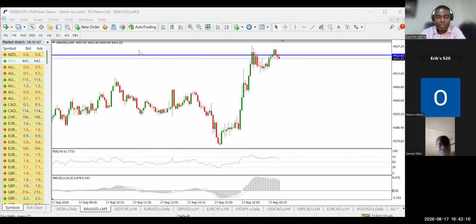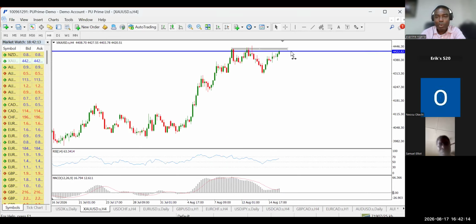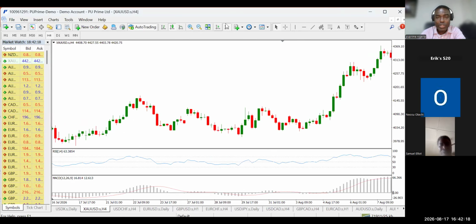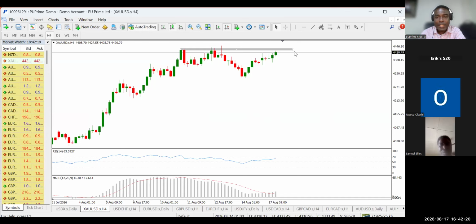Eric's S20, my problem is identifying a strong support and resistance. A resistance level is a level where price cannot break above. Like in the current formation you're seeing on the screen, this level I marked with the ash color is the highest level. So if price touches it again, there's a tendency it may reverse, because this level has become a resistance level and price did not break out above it.